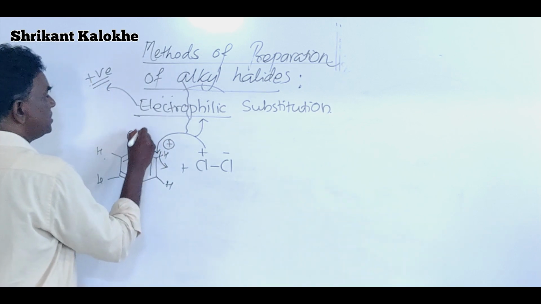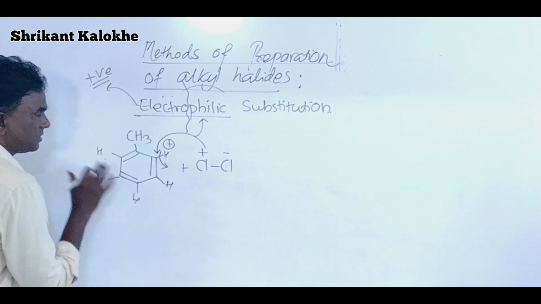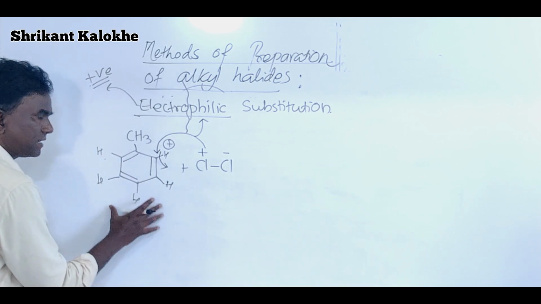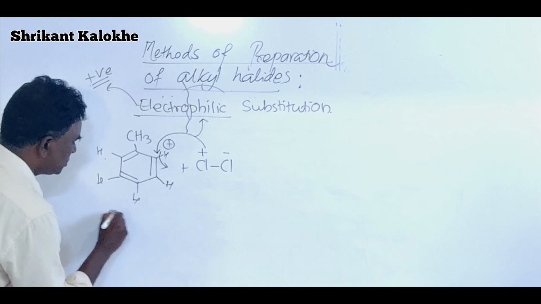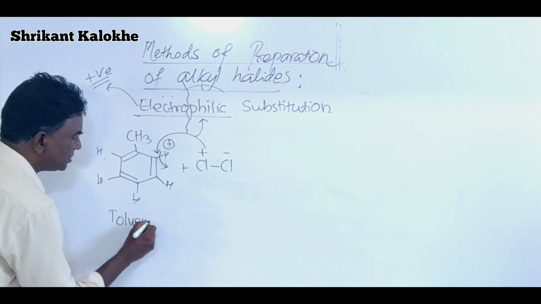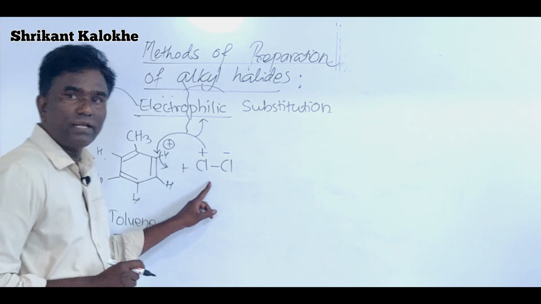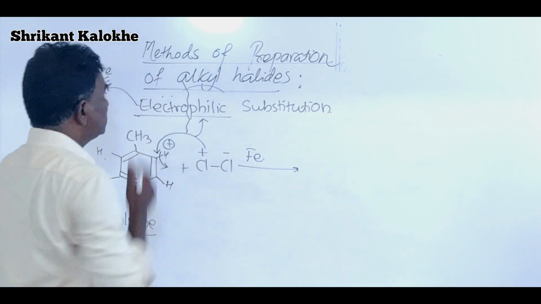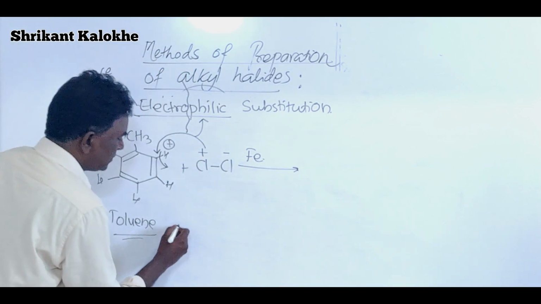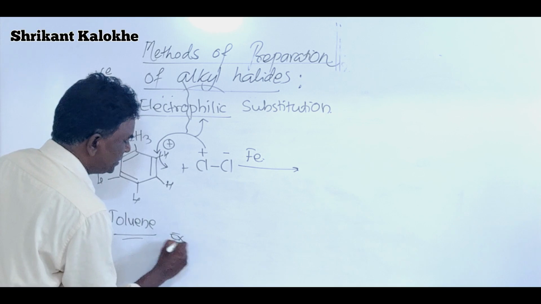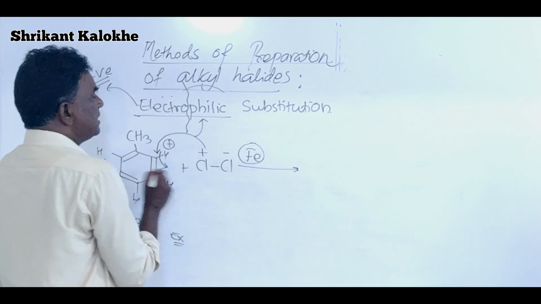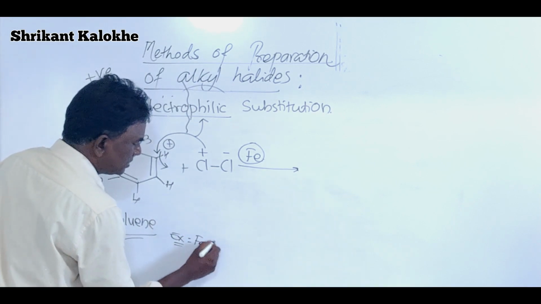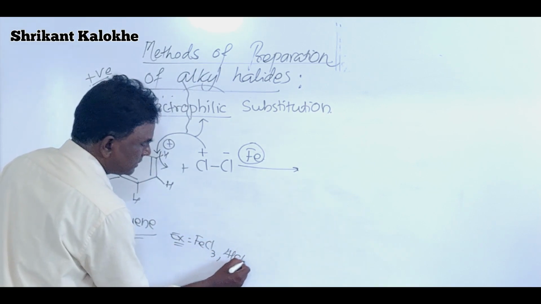Here simple benzene is not taken in your textbook. There is methyl benzene which is taken as a starting compound of aromatic nature. And here toluene or methyl benzene, when it is treated with chlorine in presence of a catalyst like Fe or other Lewis acid catalyst, we can take examples of those Lewis acids: FeCl3, for example AlCl3.